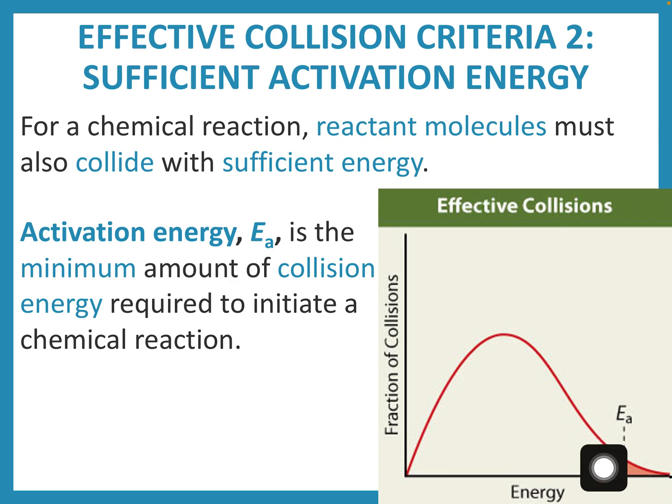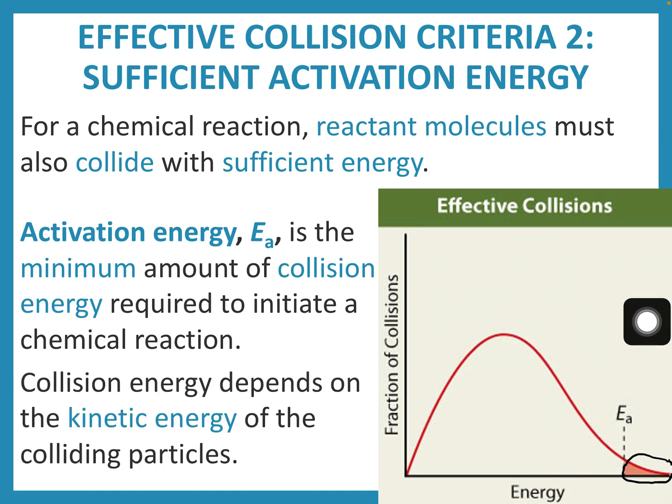Any of the collisions that collide with at least this amount of energy will produce a reaction. So we can see that it's only this part of the graph where collisions will produce a reaction. All of these other collisions, the reactants are going to stay as reactants. They are not going to produce any product.